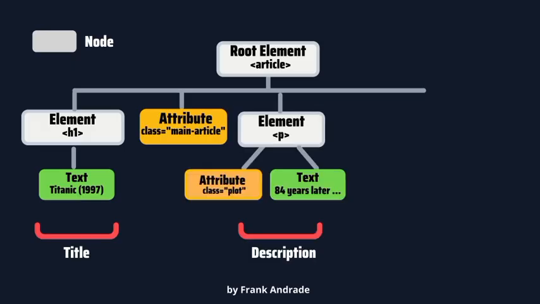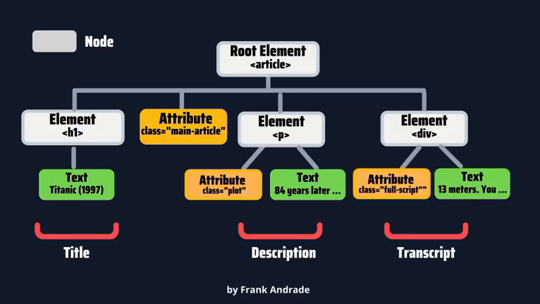Another element inside the root is the p element. In this case, it has an attribute and a text. The attribute is named plot, and the text is the plot description. Finally, we have the div element. This element also has an attribute called full script and text with the transcript of the movie.